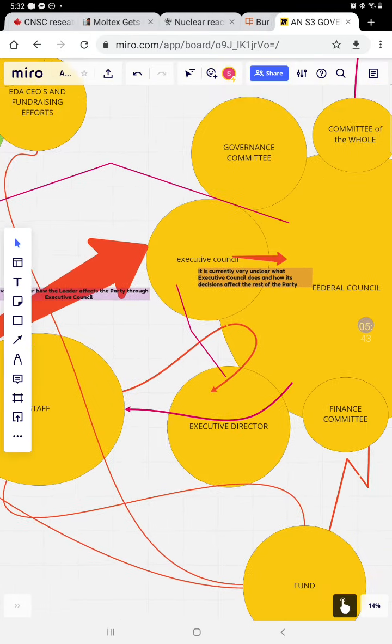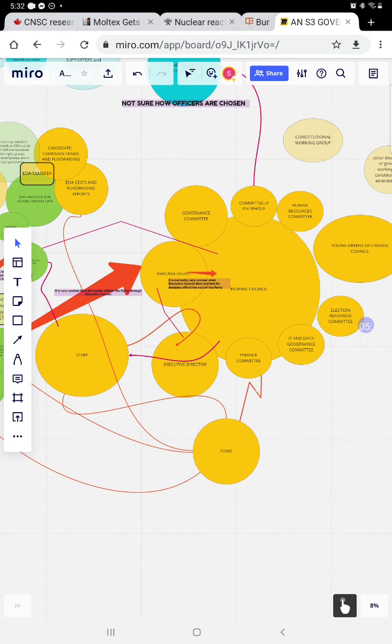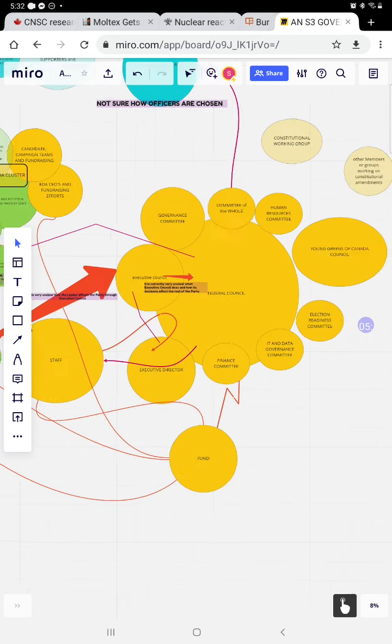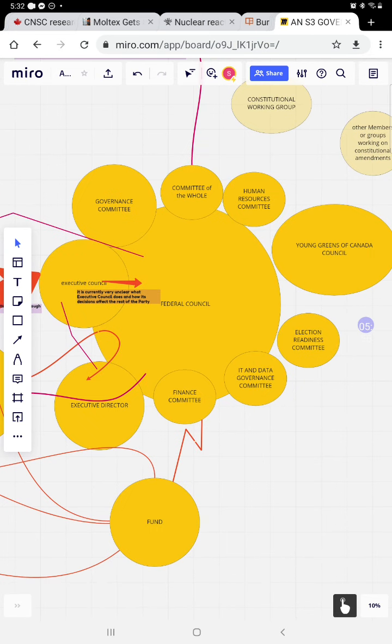This is my concept of the executive branch of the Green Party of Canada, and it mostly focuses around federal council and its committees. Unfortunately, only about 3 of these committees are listed on our party website.